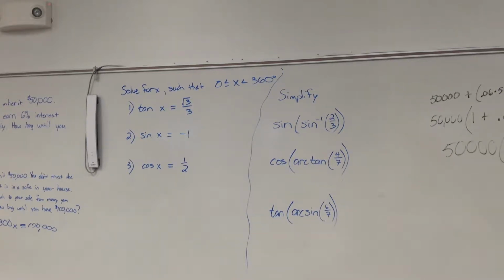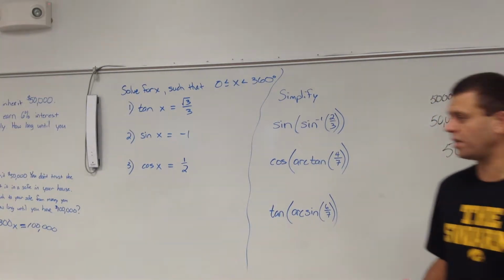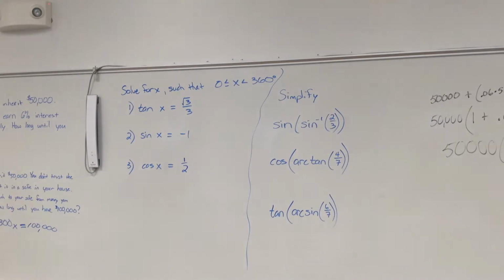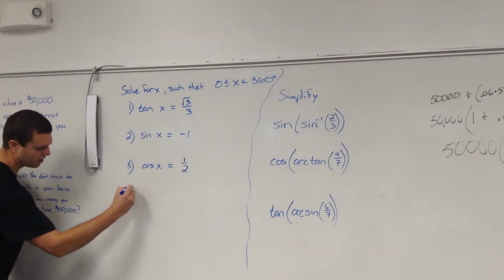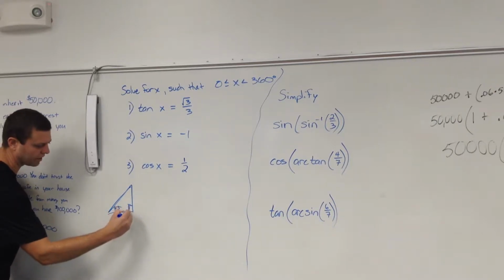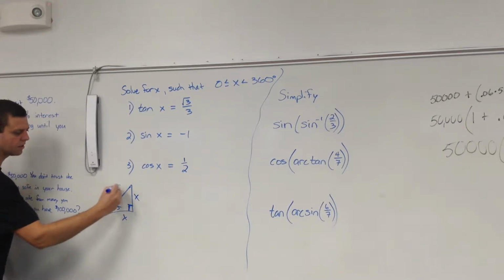Alright, so we've been talking about solving these trig equations. To be able to solve them, it's pretty helpful to know your triangles, right? Your 30-60-90 and 45-45-90 triangles. For the 45-45-90, what are the side lengths, guys? Good.